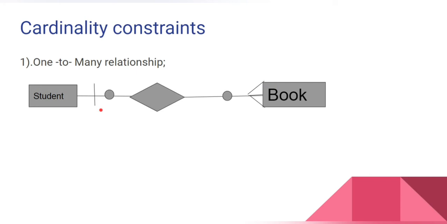So it is called one to many relationship and many to one relationship. Student is one and the book is many. So one to many: a student can borrow 0 books or many books, and a book is borrowed by 0 students or only one student.